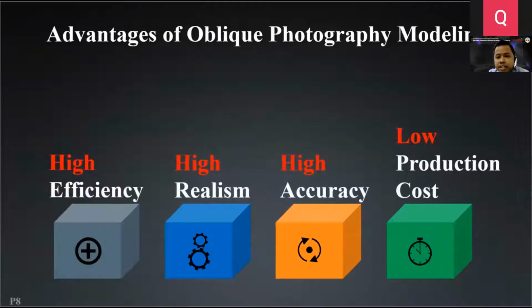The next one is high accuracy. It means it has accurate geographic location and coordinate information of the features. And the last one is low production cost. It is low cost because it uses a flight platform that can cover a large area with a large 3D space scene. So it needs a short time and low cost survey activity to get results.